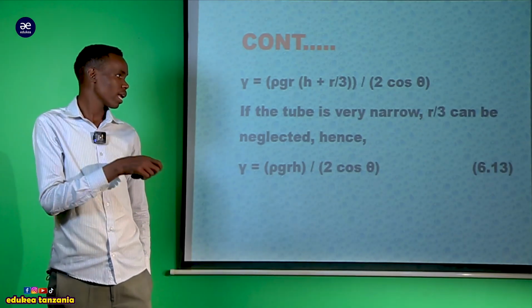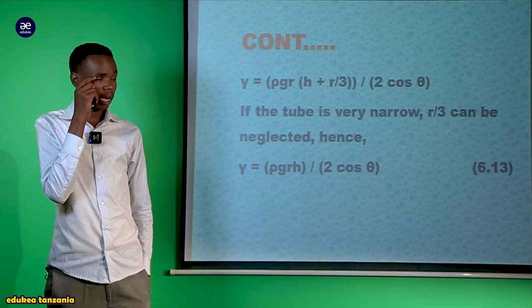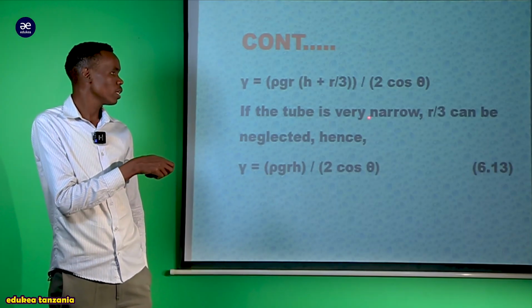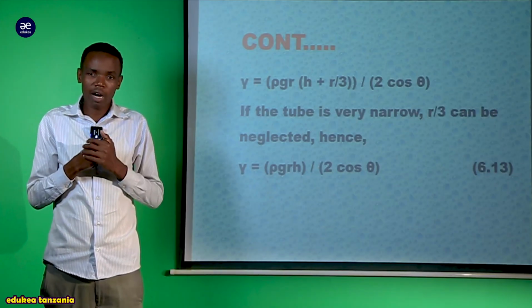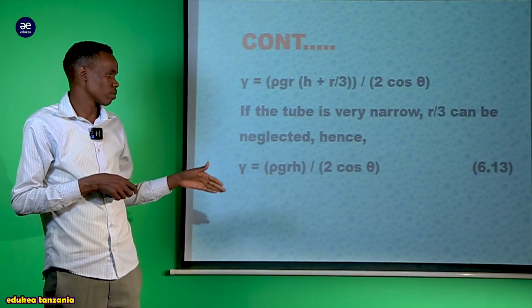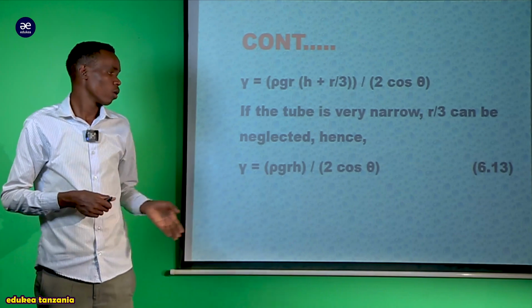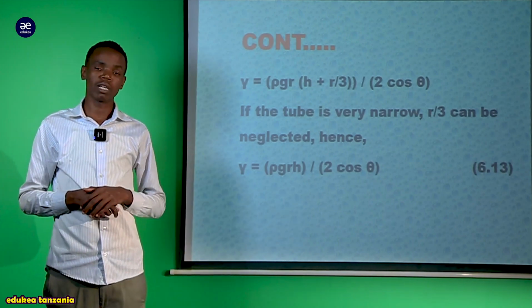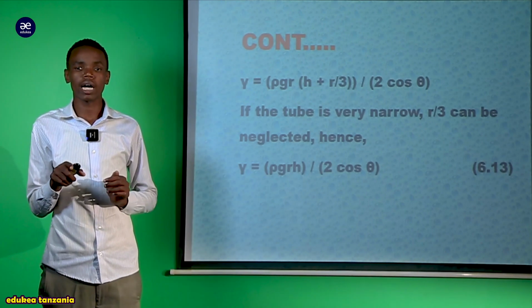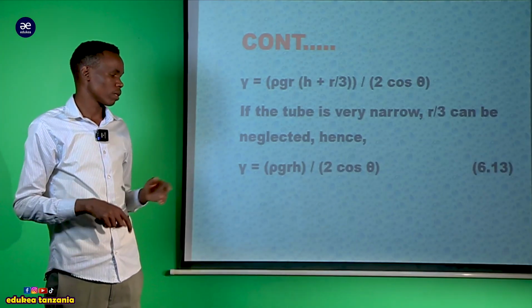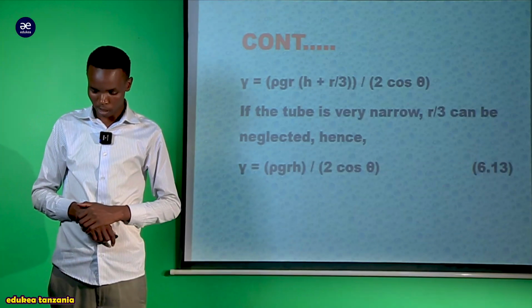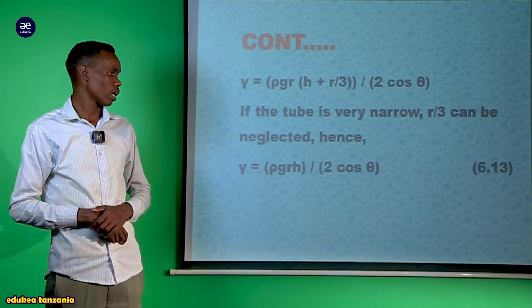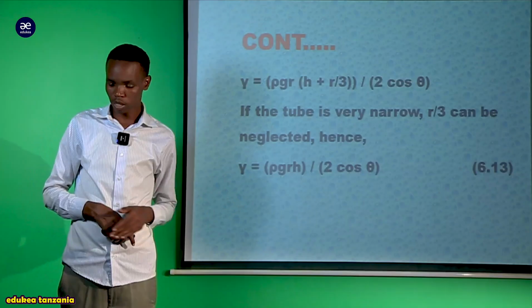But if the tube is very narrow, we should assume that r over 3 is negligible, and at the end of the day we obtain our formula: surface tension must be equal to the density g r h, then we divide by 2 cosine theta. My love, this will be our equation number 13 for our topic number 6, as we have seen here.